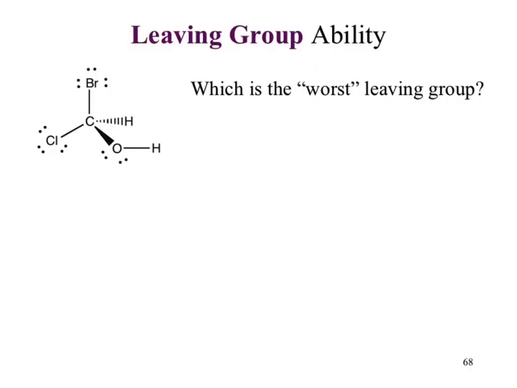Okay? Leaving group ability. I'll look at that structure. Which is the worst one? I'm going to bet that H is the worst leaving group. Why would that H be the worst leaving group?